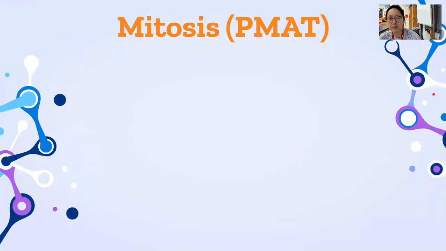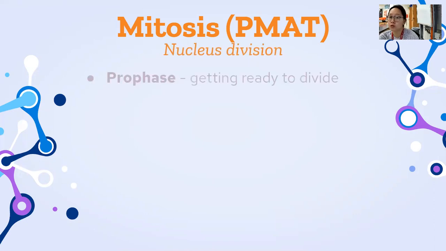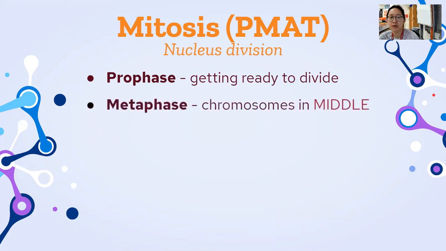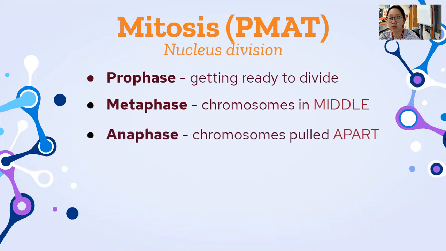So again, mitosis is PMAT, prophase, metaphase, anaphase, and telophase. Mitosis is only the nucleus division though. So prophase again is getting ready to divide. Metaphase, the chromosomes are in the middle. It's a very obvious thing to see if you're looking at pictures. Anaphase, the chromosomes are being pulled apart. So they used to be in the middle and now they're being pulled apart half and half to each side.